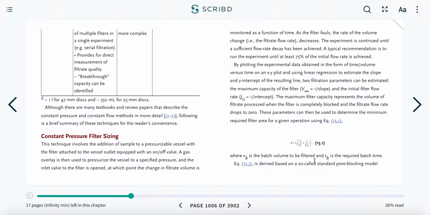So you have to plot the time over volume versus time. Okay, yeah, so the initial filter flow rate will show up.